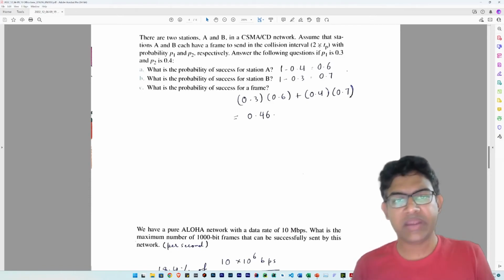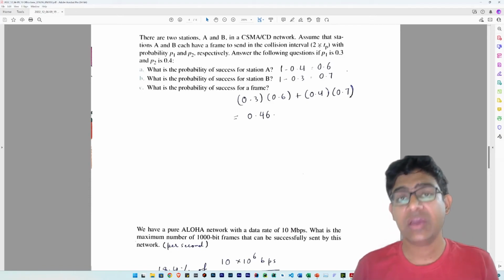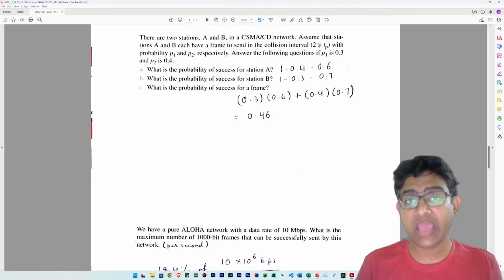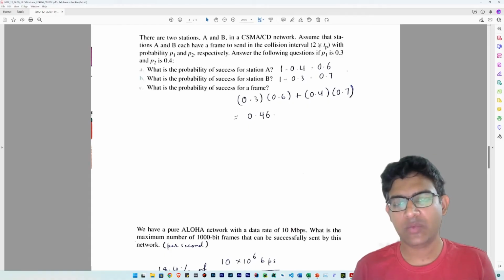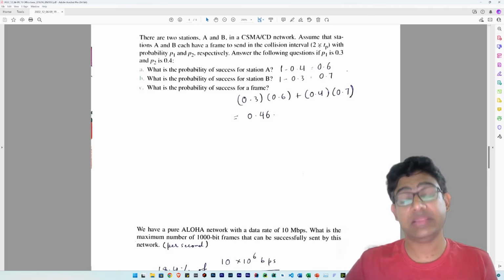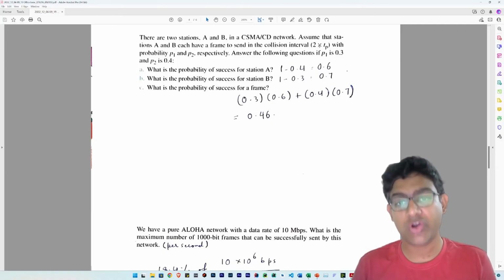What is the probability of success for station A? A will only succeed if B does not transmit. And what is the probability of B not transmitting? It is 40% that B will transmit, so it is 60% that B will not transmit.